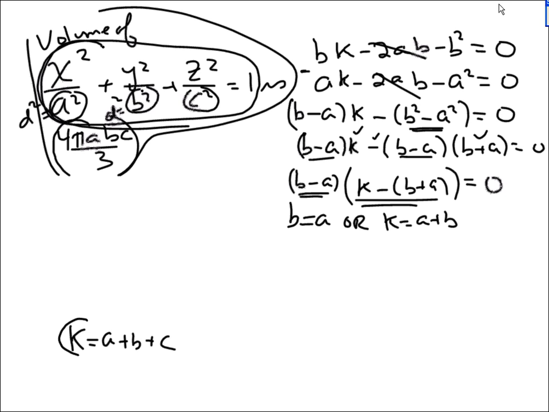Now, if k just equals this, that would mean c is 0. But that can't be, because a, b, and c are positive. They're definitely not 0. So this is not true. So now we're almost done. We have a equals b. I just have to show that it equals c as well.